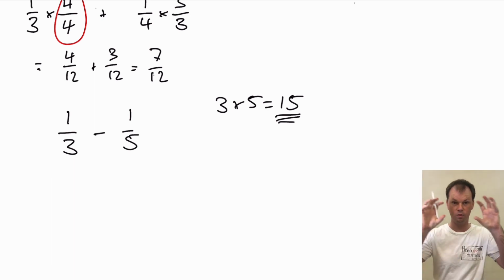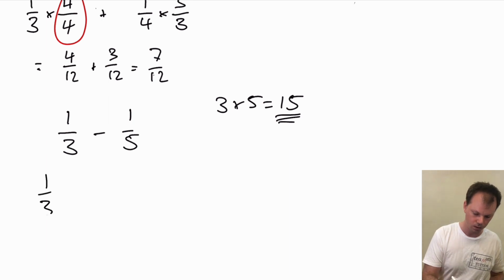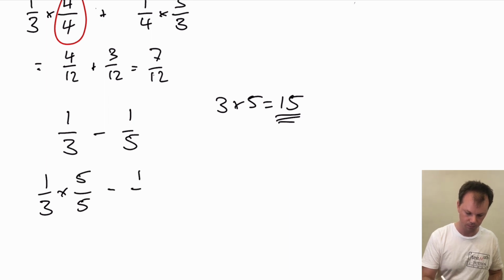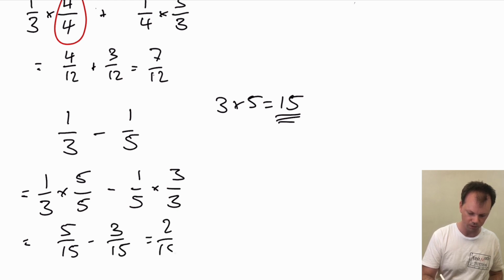So I'm going to cut both fractions so there are 15 parts in each fraction. So I'm going to multiply the bottom of this by 5 and the top by 5. Here I'm going to multiply the bottom by 3 and the top by 3. We get 5 on 15 minus 3 on 15, which equals 2 on 15.